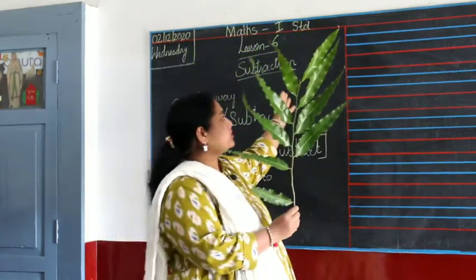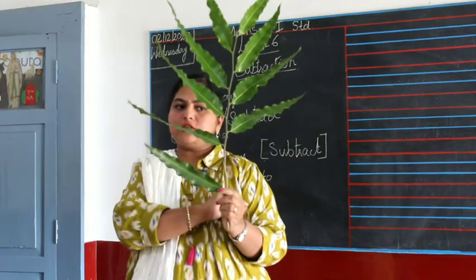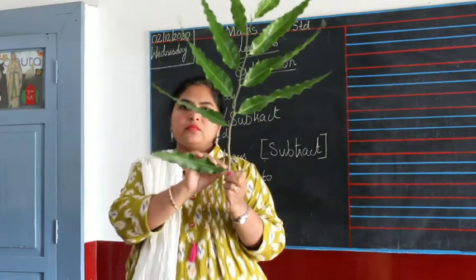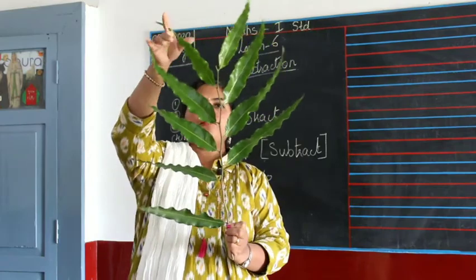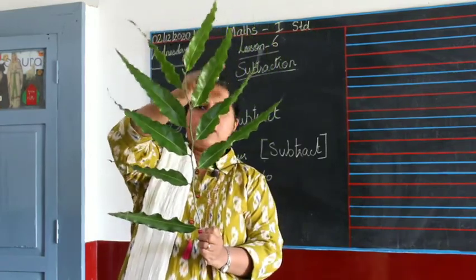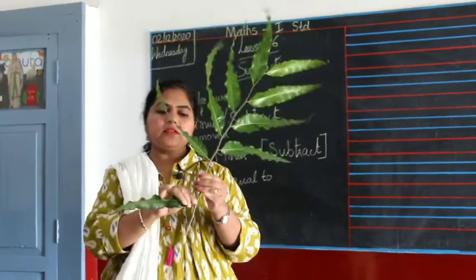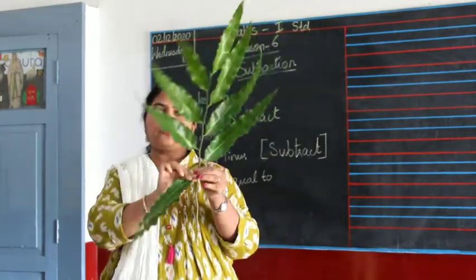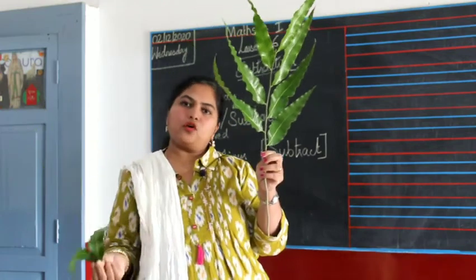Because our lesson is only up to number 9, we'll have only 9 leaves on the stick. I'm counting again. 1, 2, 3, 4, 5, 6, 7, 8 and 9. I have 9 leaves and 2 leaves fall off the branch.